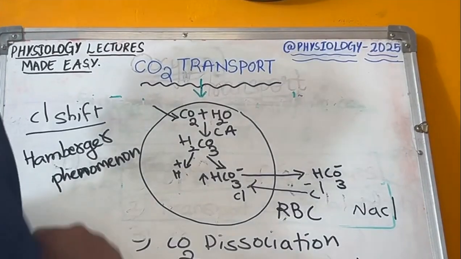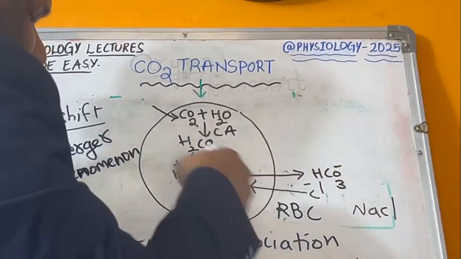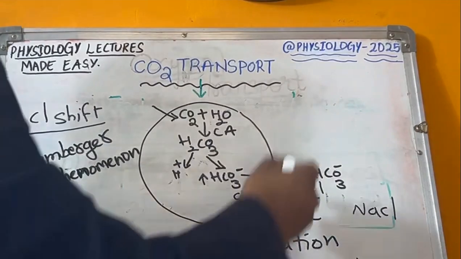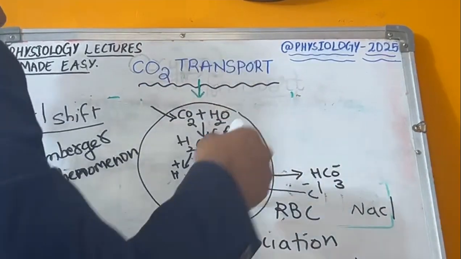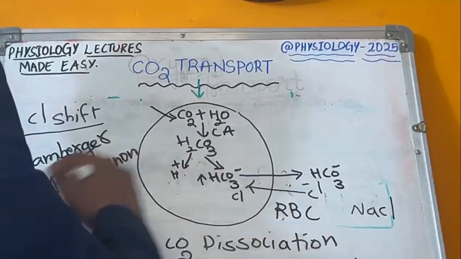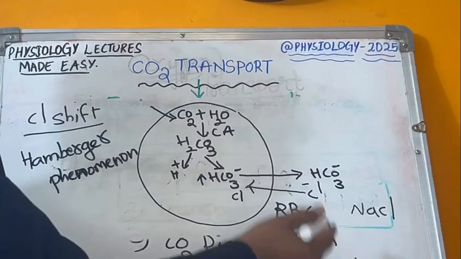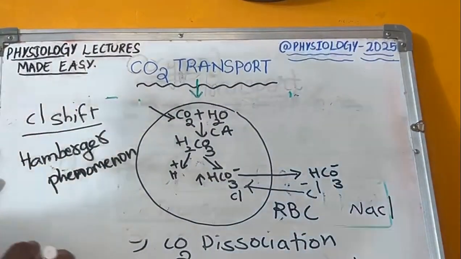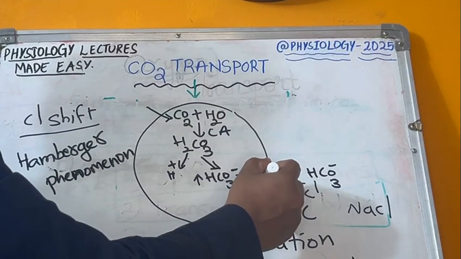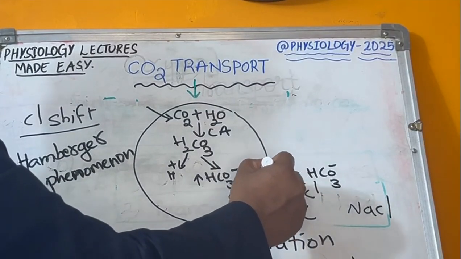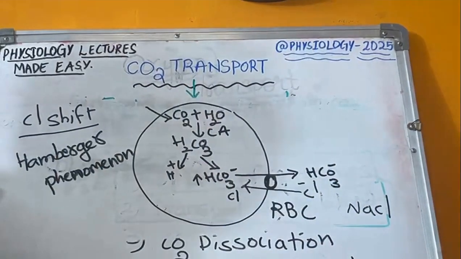Remember, to maintain the electrical balance, the exchange of these ions occurs around the RBC through an exchanger called the chloride bicarbonate exchanger.